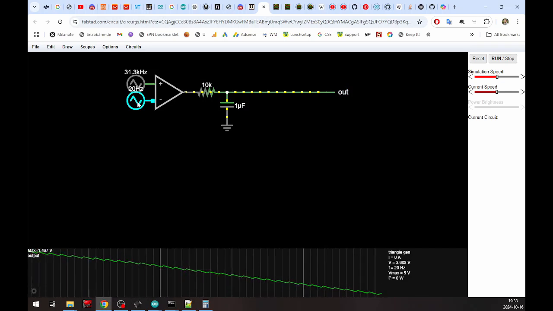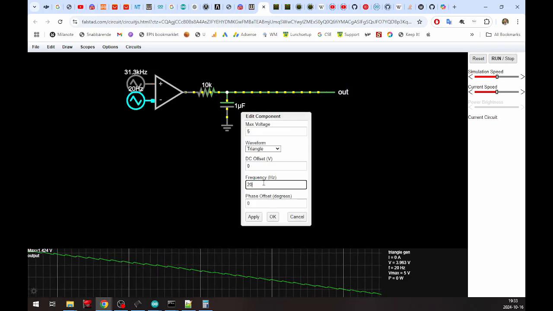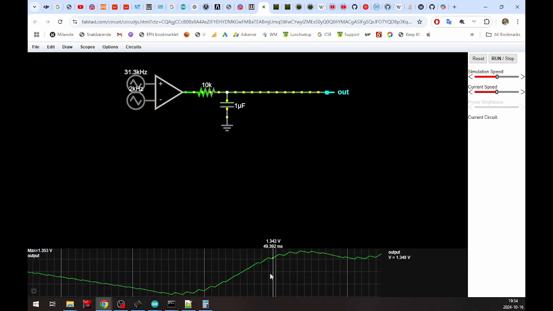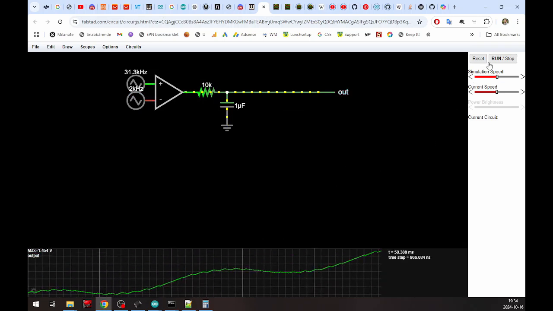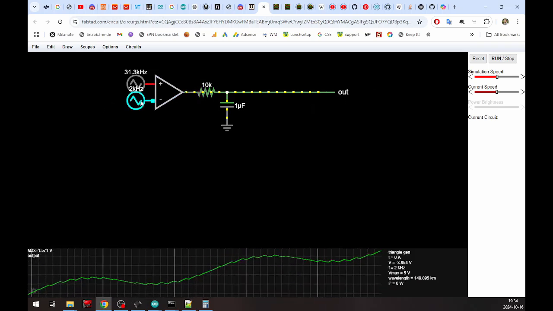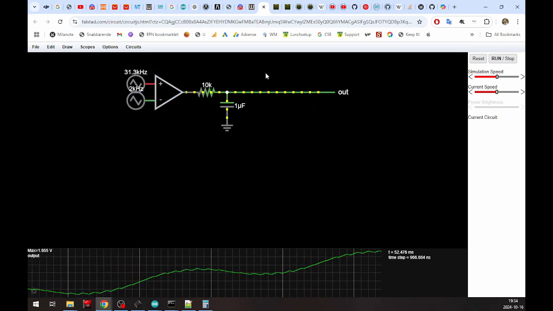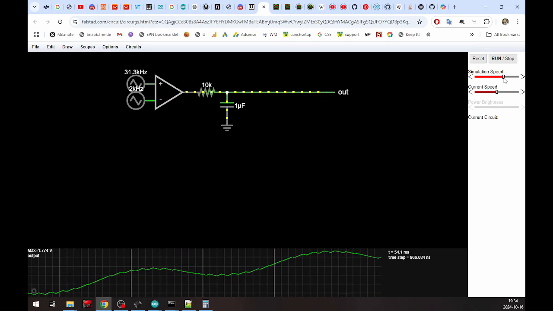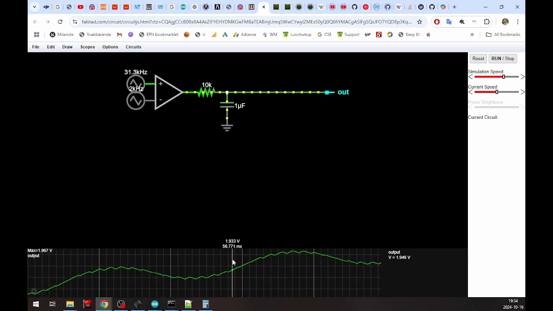It works now in 20 hertz. But if we go up to 2000 hertz, let's say, we want to do some audio, this happens. So this should actually, this is a sine wave, or this is a triangle wave that should go between 0 and 5 volts. And we see it is slowly still ramping up.